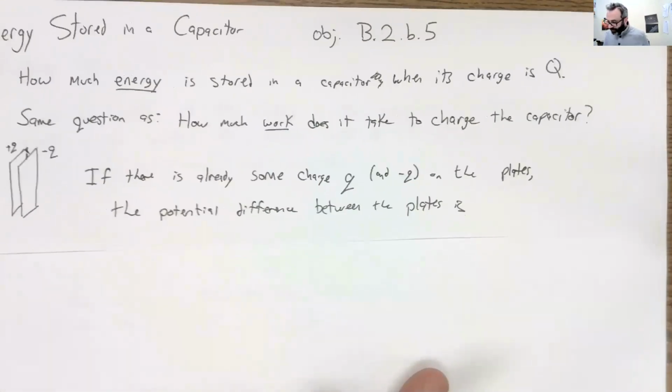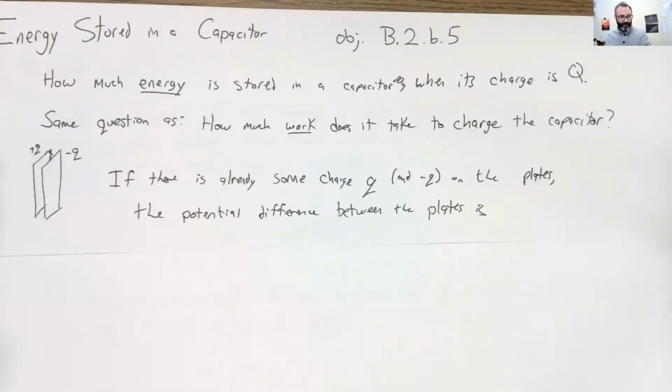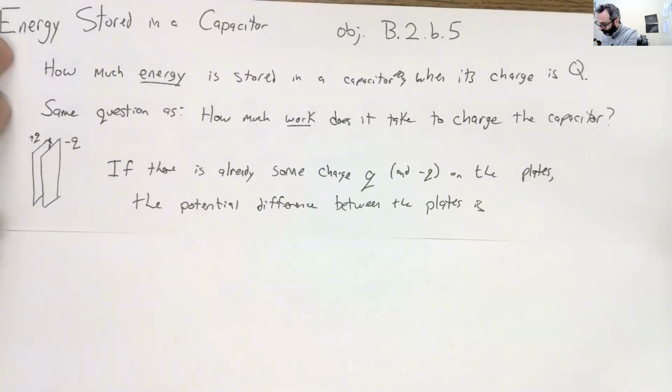If we have a couple of plates and there's already some charge, maybe at an intermediate stage, then we can figure out the work it takes to move another piece of positive charge from the minus Q plate to the plus Q plate. We can figure that out because we know the potential difference between the two plates, which we learned in the last lecture.